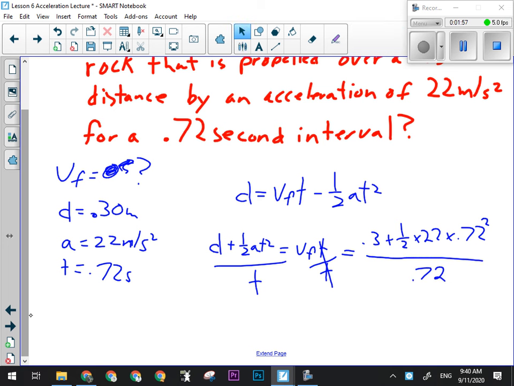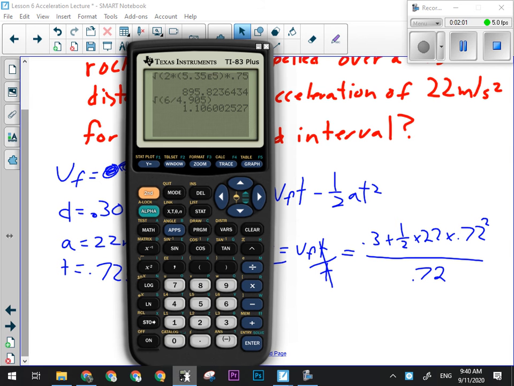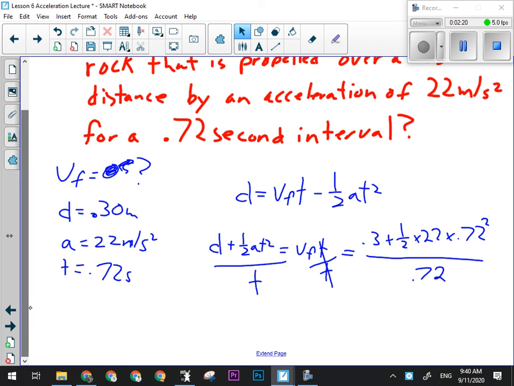So that's what our equation will look like: 0.3 plus 0.5 times 22 times 2.72 squared divided by 2.72. So we're looking at 8.3 meters per second as our final speed.